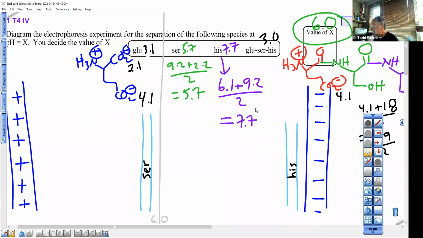Going the other way, we're going back to everything below here. 3.1 is how far away from 6? It's about 2.9, right? Let's call it 3. And this gap represents 1.8. I can't have it that far over.